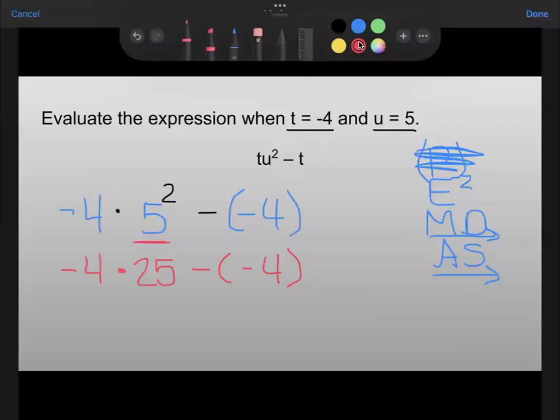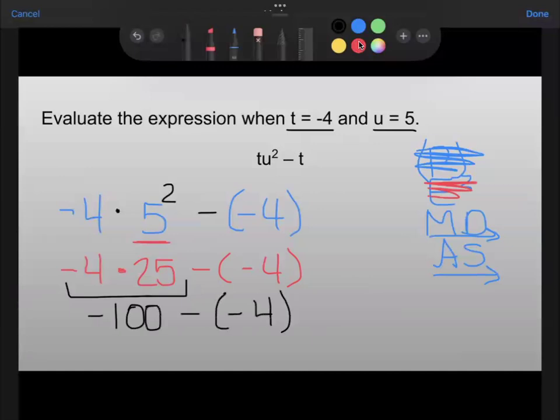Okay, now according to PEMDAS, since we did the exponents, it's multiplication or division. Well, I see multiplication over here on the left, so I'm going to do that next. Negative 4 times 25 is negative 100. So I have negative 100 minus negative 4. Okay, my only operation left is subtraction.